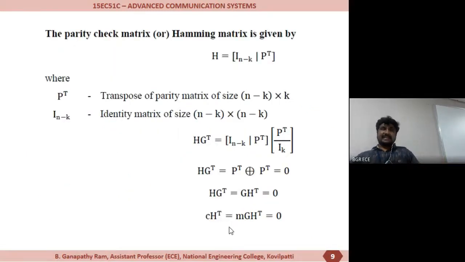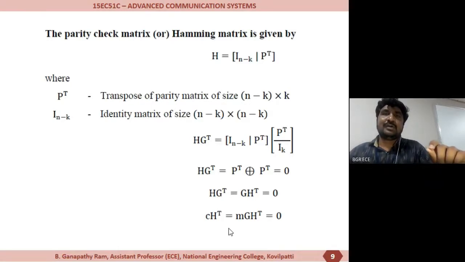Always the encoder is located at the transmitter, so the generator matrix will be present at the channel encoder of the transmitter, and based on that the code words are generated. At the same time, the receiver should also have knowledge about the parity matrix, so that it is able to detect the original information transmitted, identify the errors and correct them.